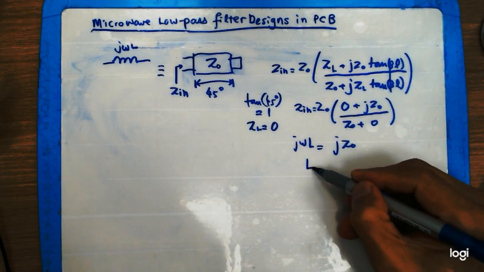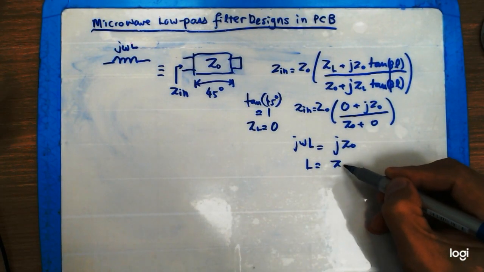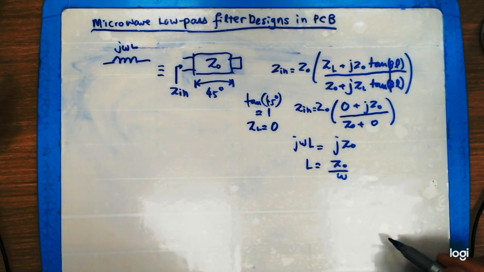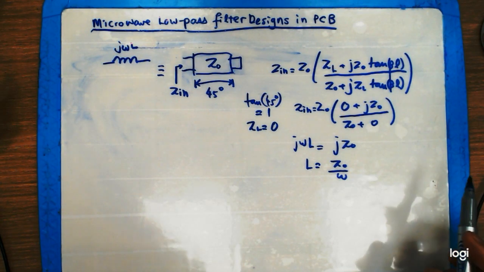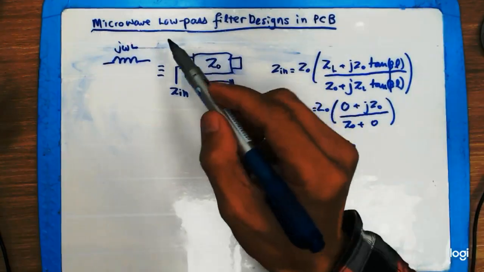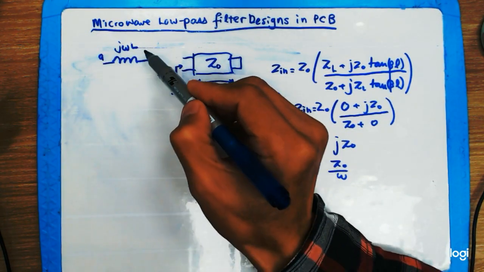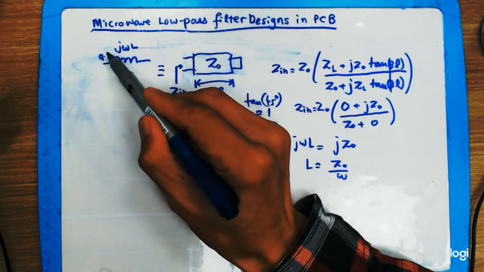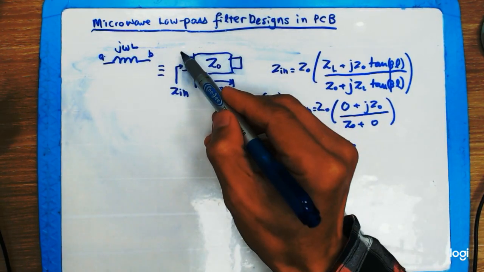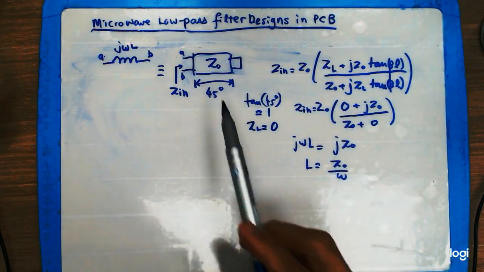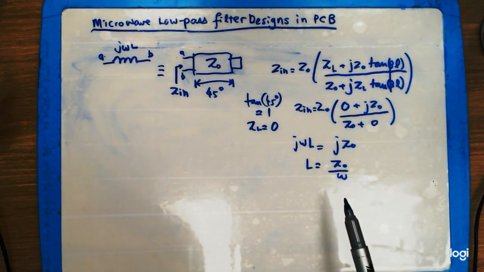So as a result, the actual inductance is going to be equal to Z0 divided by ω. So this is one approach. The inductor might have two ends, A and B, and A will be used here, B will be used here. So you can use this way to implement an inductor.